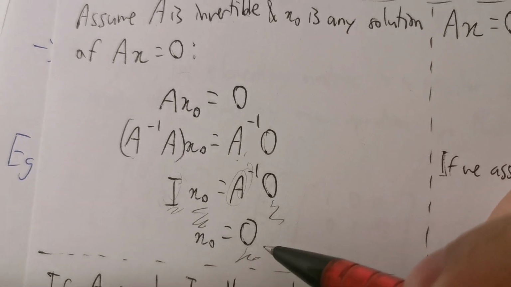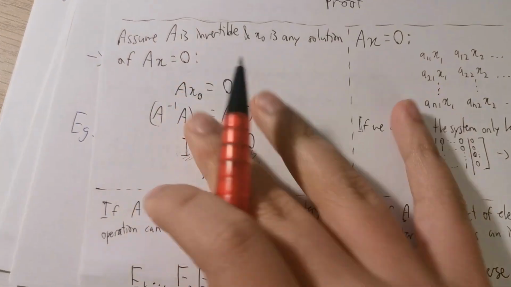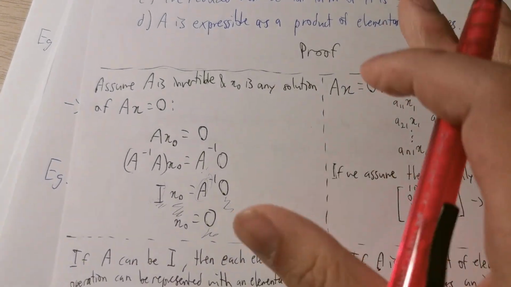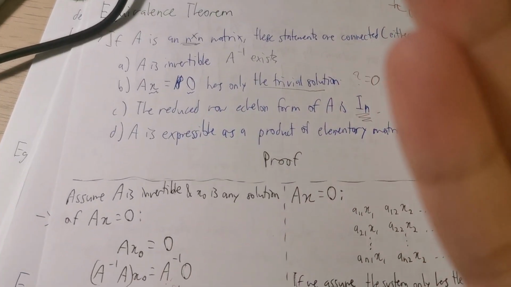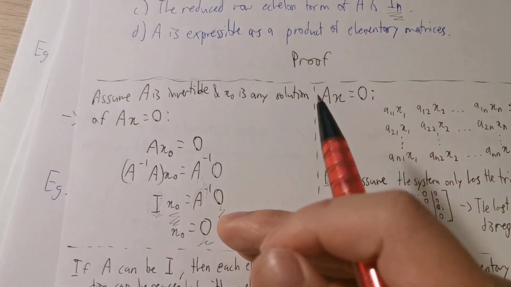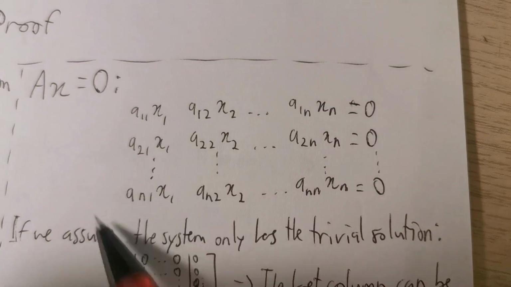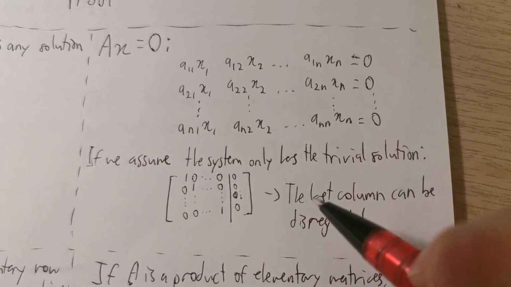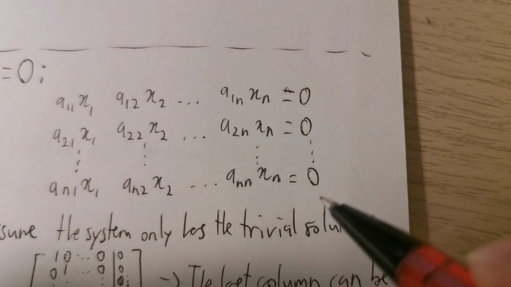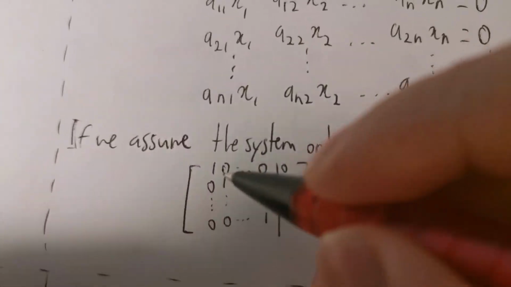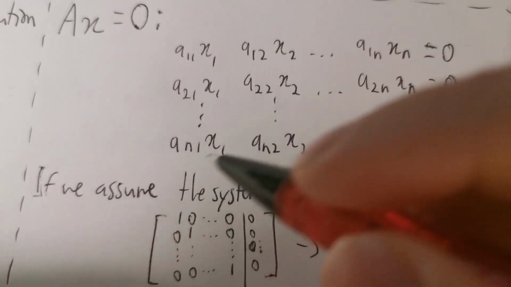So bada bing, bada boom. That proves that only the trivial solution exists. So here, if we have our homogeneous linear equation and we assume that only the trivial solution exists, we can simplify this step by step.